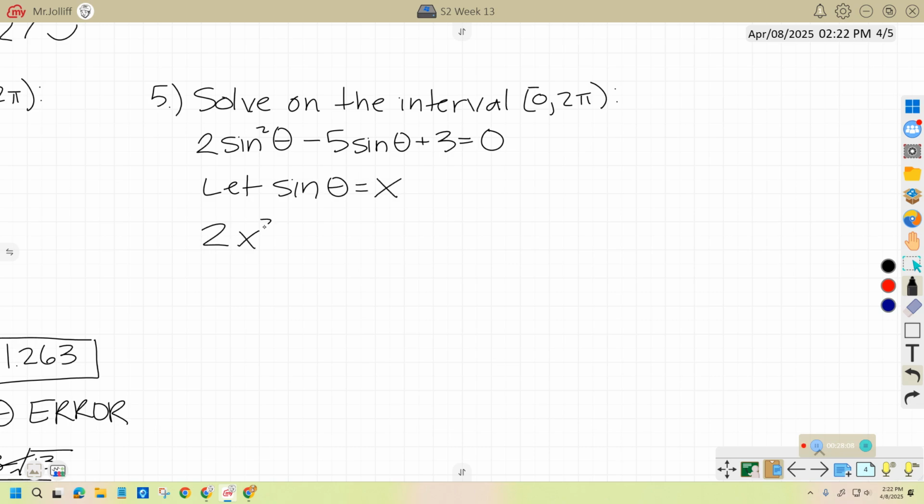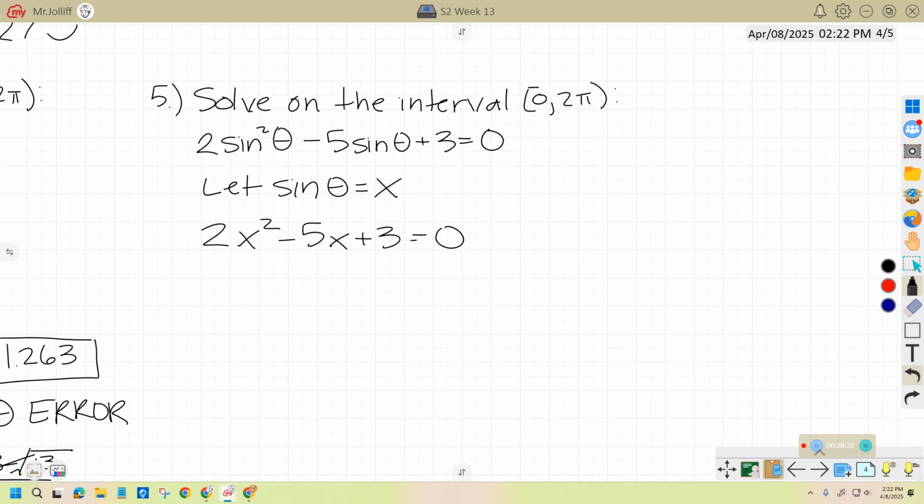So 2x squared minus 5x plus 3 equals 0. Did anybody have a different suggestion? I see some shaking heads no, some people decidedly not looking at me in hopes I won't call on them.